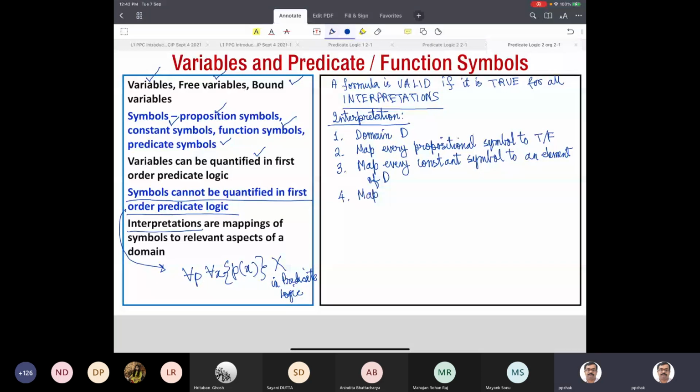Map every predicate symbol of the type P(x1, x2, ..., xn) as D cross D, sorry, to true or false.